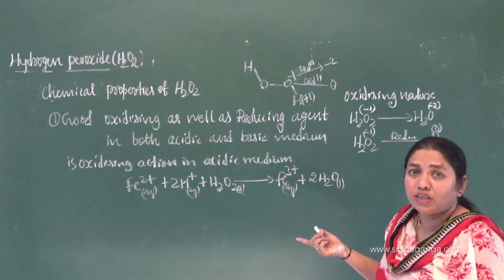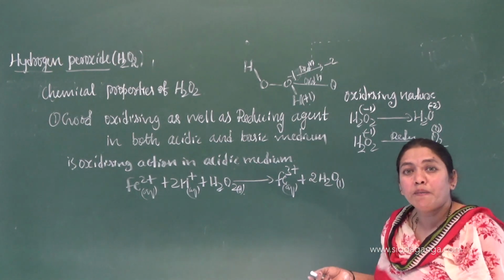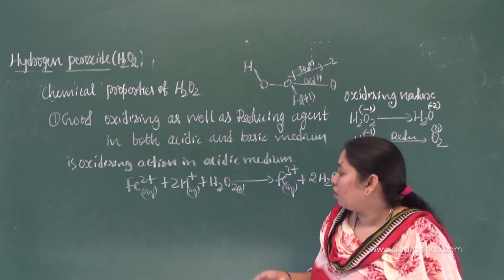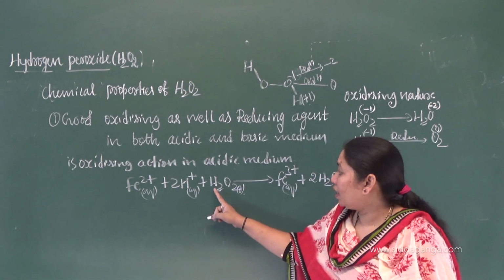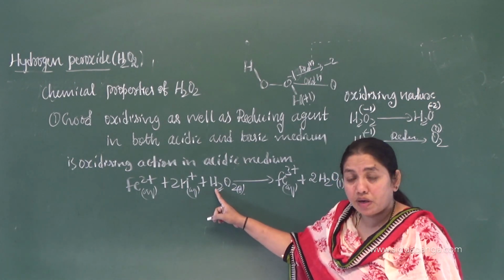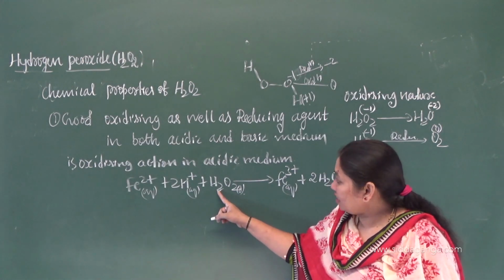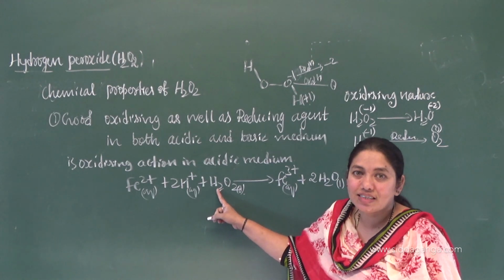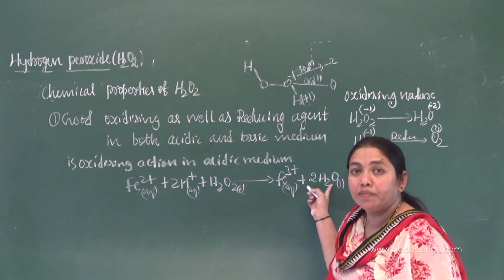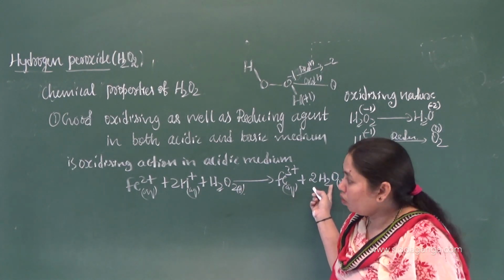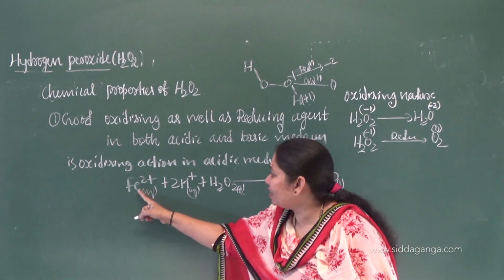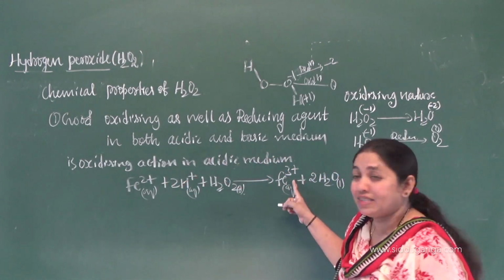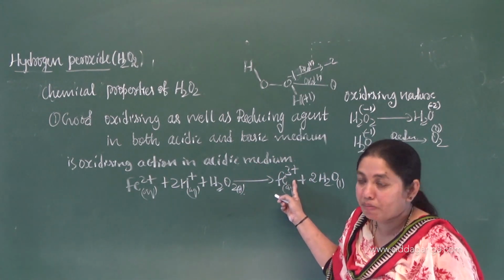Whatever the reaction may be, whether it is an acid medium or basic medium, when hydrogen peroxide acts as an oxidizing agent, it reduces to water. That you have to remember. So which gets oxidized here? Ferrous is converted to ferric. +2 is converted to +3. There is an increase in the oxidation number.